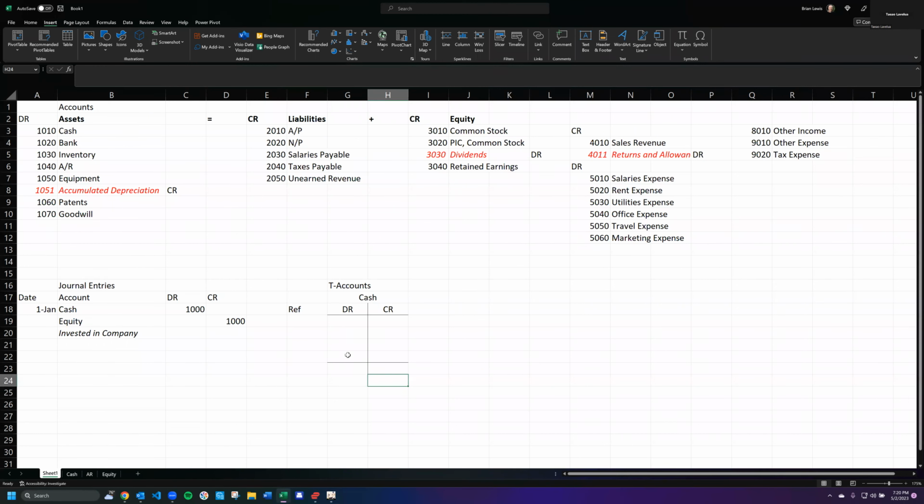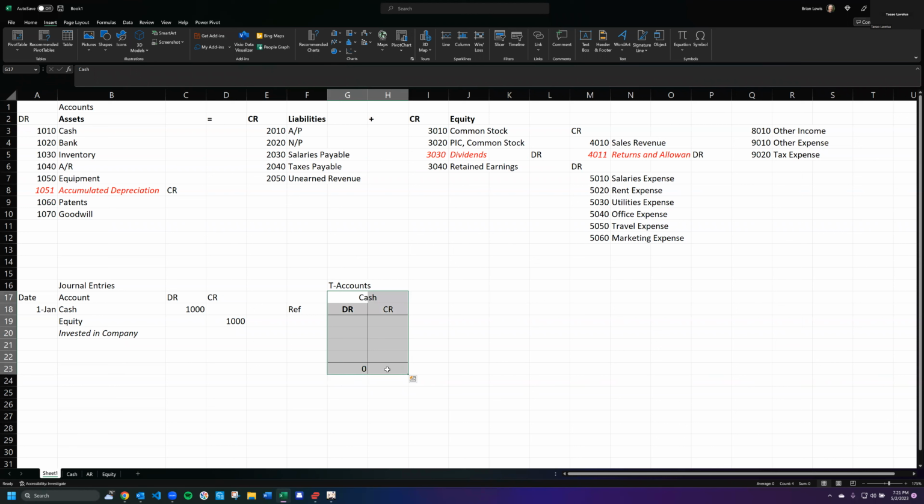One thing I'm going to do here, because it's a normal debit balance, is bold this. Cash has a normal debit balance. Then I'm going to do equals the sum of this side minus the sum of all this other side, so anytime I do any transactions in here, it'll be easy to see the balance. That's a normal debit balance.